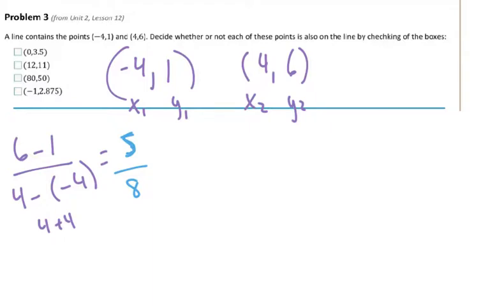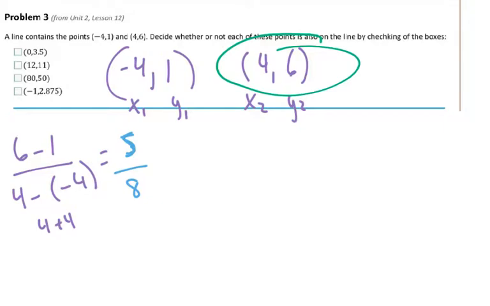Now I'm going to take one of the original points, and I'll tell you right now, I'm using this one because there's no negatives, and I'm going to test it to see if I get 5/8 again with each of these new numbers, okay? So I'm leaving that as my x2, y2, and let's do it out.